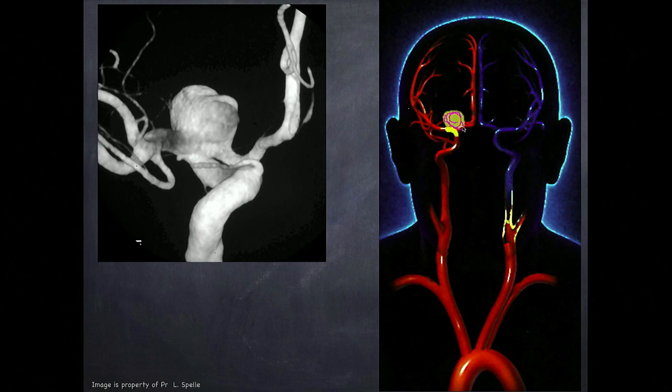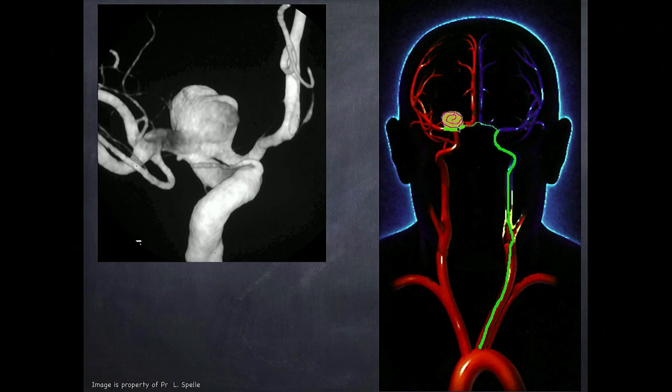So the best would be to put the balloon in an orthogonal direction to protect the whole length of the neck. And the way to get that is to navigate from the contralateral side and to cross the ACOM with the balloon in order to place that in this way. And this is what has been achieved.